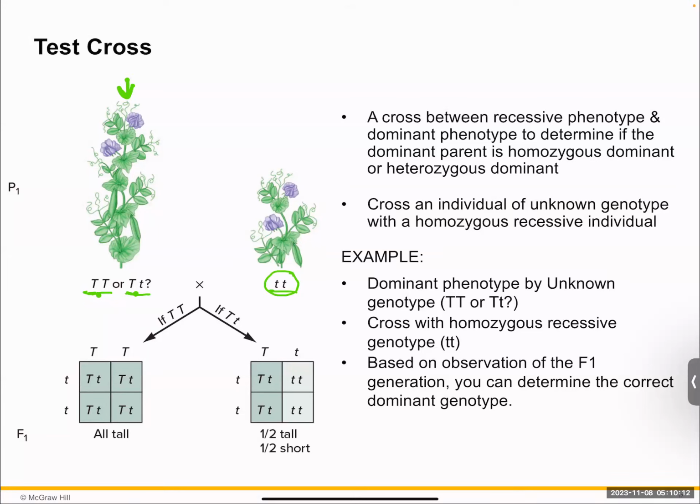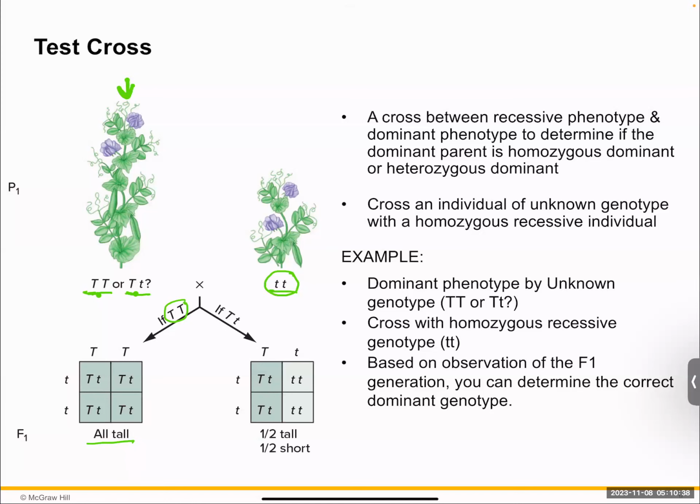So here are the possibilities. If my parent that had the unknown genotype has capital T, capital T, which is a homozygous dominant genotype, all of the plants are going to be what? Tall when I crossbreed them with a homozygous recessive.